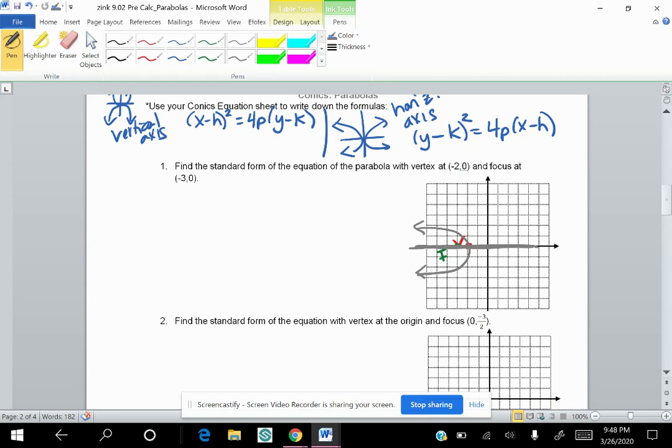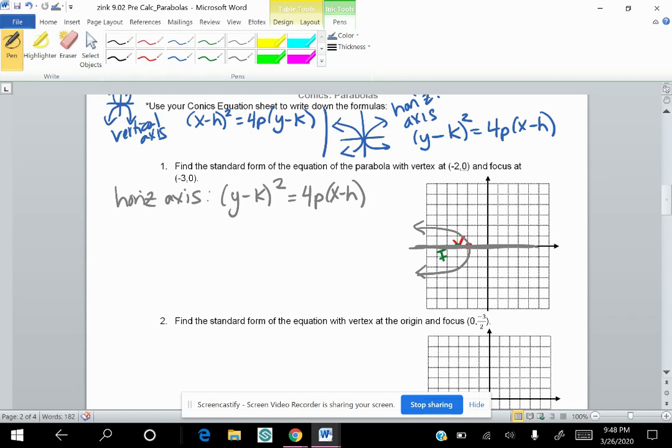So I'm thinking horizontal axis. Or I might just be thinking, well, I know that y equals x squared opens up, and y equals negative x squared opens down. So if I open left or right, that must mean that not x is squared, but y must be squared. So that's how I know I'm going to use the second formula.